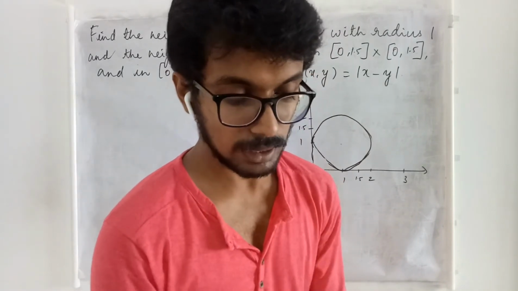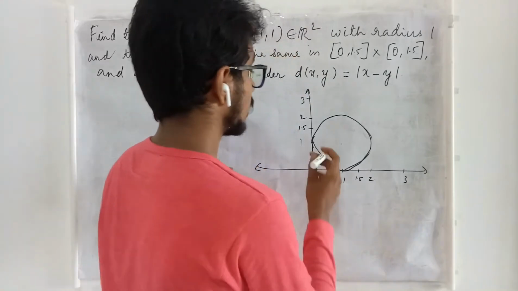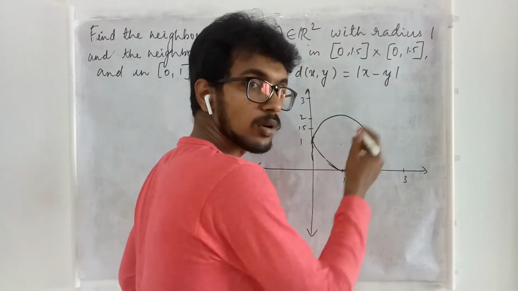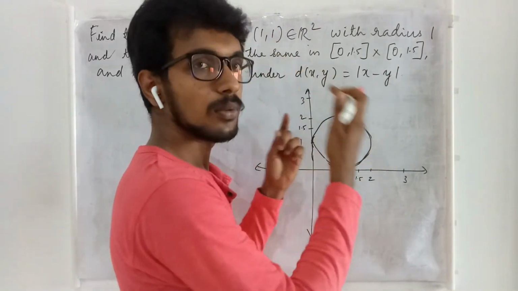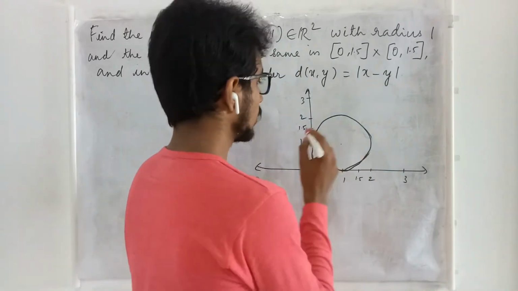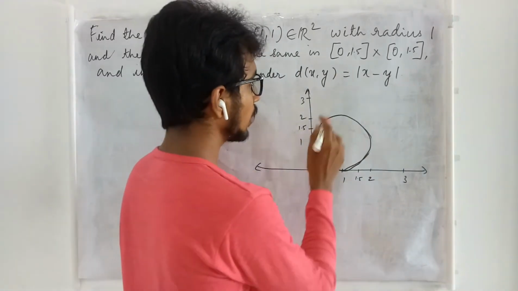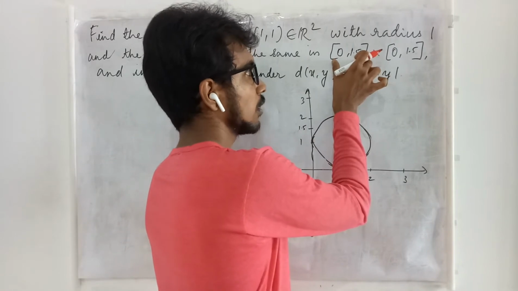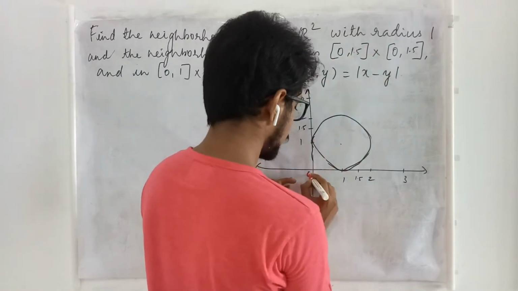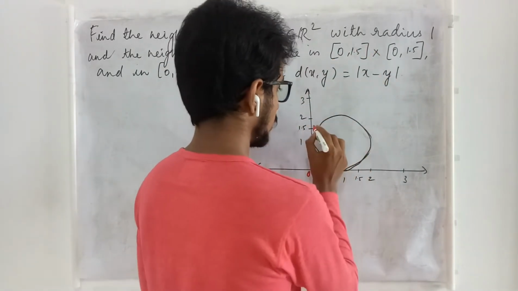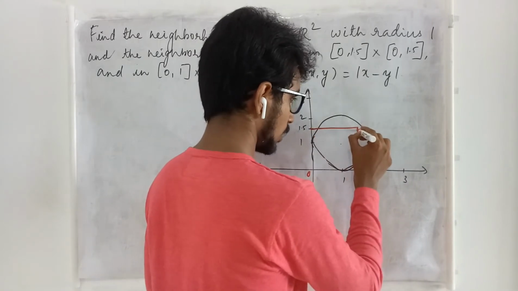While constructing these things, I am not including the boundary, just the interior points, because we are talking about the neighborhood, right? So the common area is going to be what?